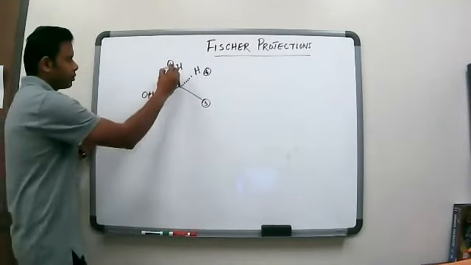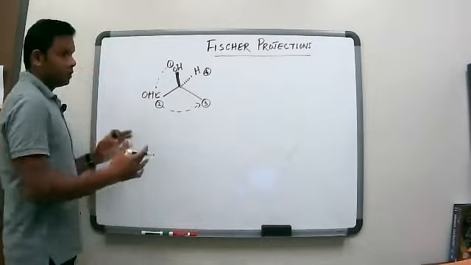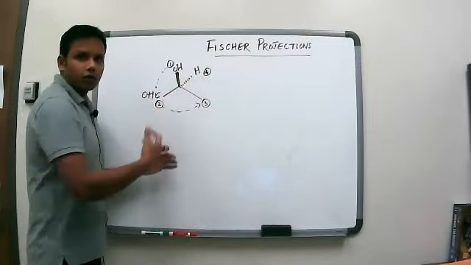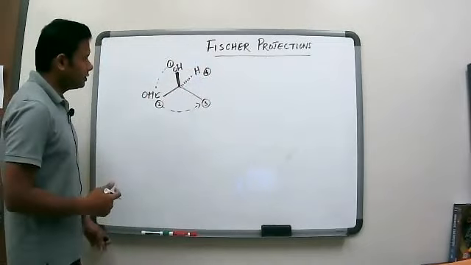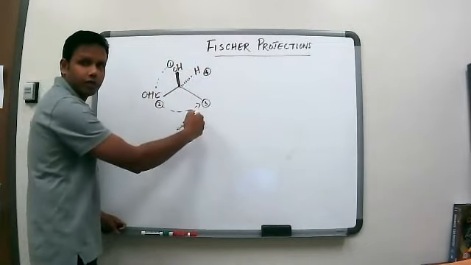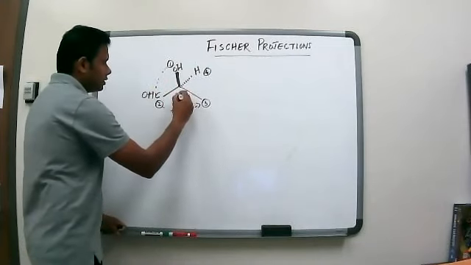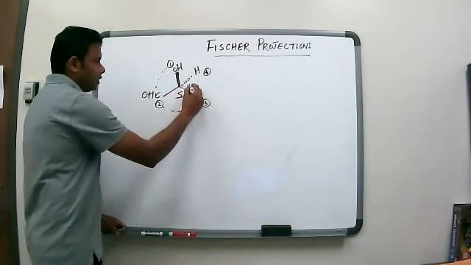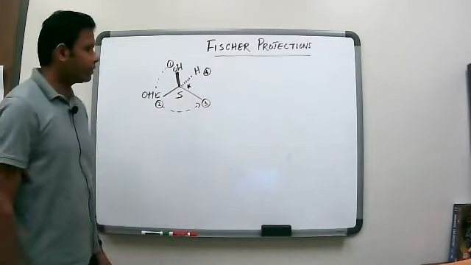Our lowest priority group is away from us, on a dash. So in going from 1 to 2 to 3, we move counterclockwise, and that means this chiral center is of the S configuration.